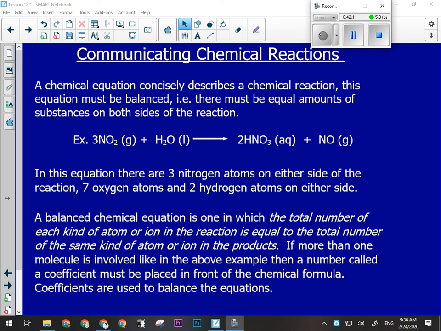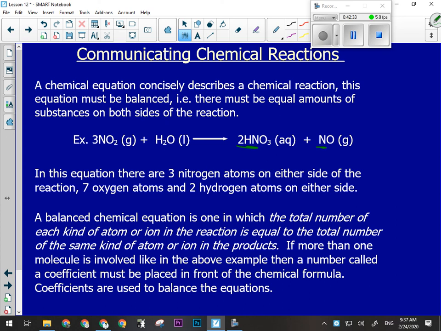How many nitrogen atoms in nitrogen dioxide? 1. But there's a 3 in front of this, so there are 3. On this side of the reaction, there are 2 nitrogen atoms here, and another one here for a total of 3.